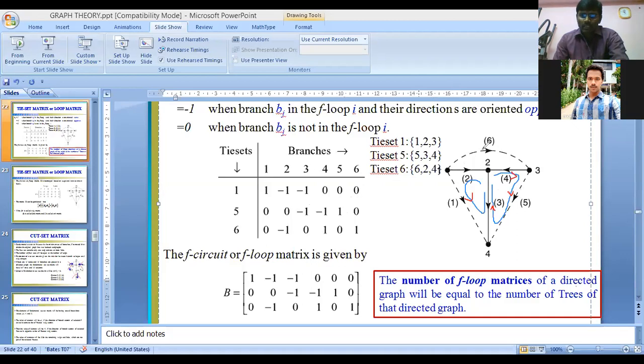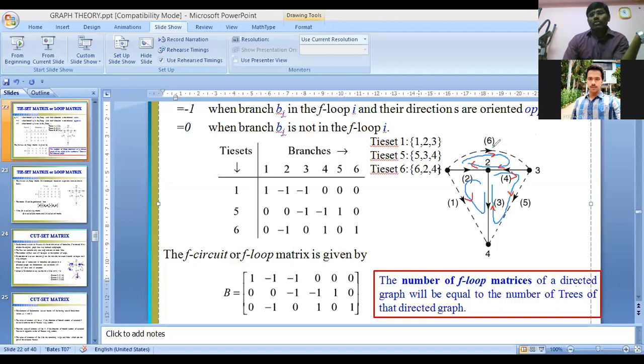The direction of the loop is the link direction, and the direction of link is similar to the loop. In the sixth loop, these three elements are present: 2, 4, 6.